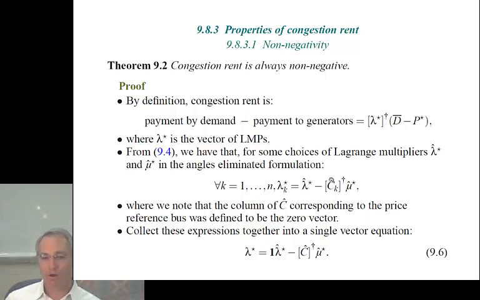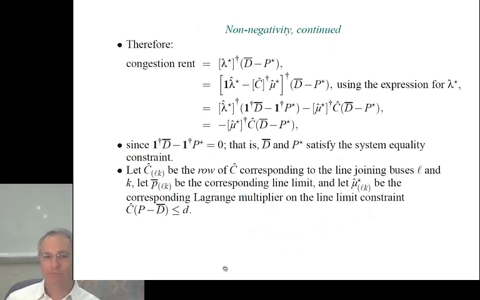The column of C hat corresponding to the price reference bus is equal to the zero vector. So if we collect these expressions together into a single vector equation, we get lambda star is equal to a vector of 1s multiplied into lambda hat star. That just creates a vector that's full of lambda hat stars minus the appropriate terms with the shift factors.